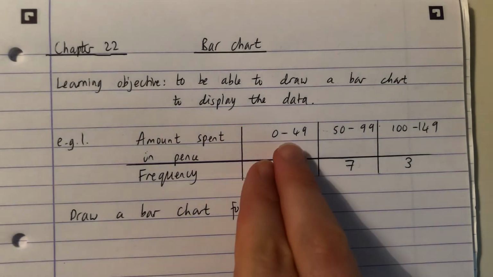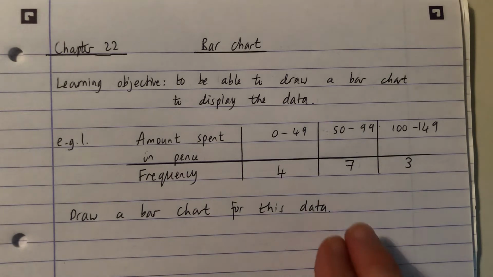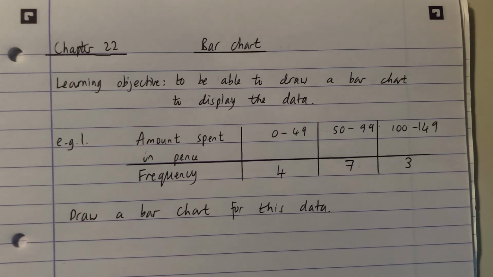So 4 people spent between 0 and 49, they were saving their money. 7 people spent between 50p and 99p, and 3 people spent between 100 and 149p. And we'd like to draw a bar chart which represents this data.